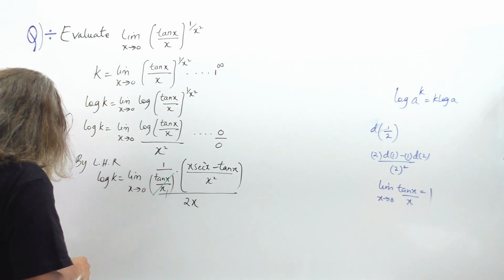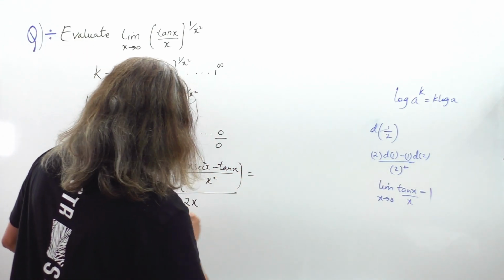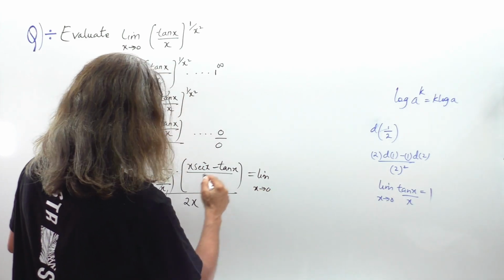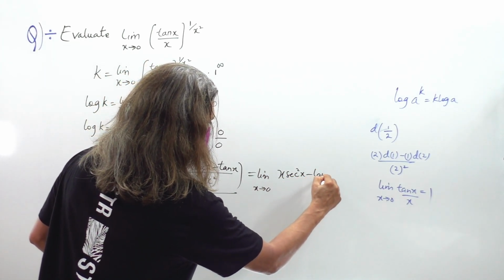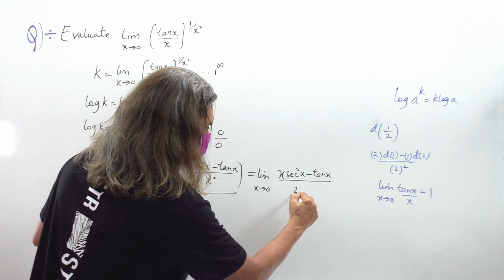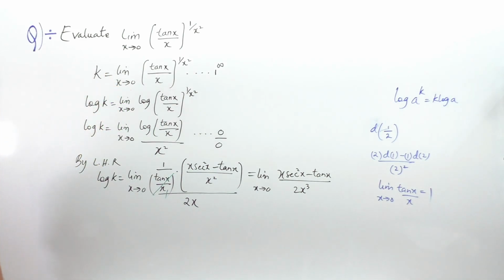Gone. So that part is gone here. Right. So you can rewrite this, let's simplify this: limit as x tending to 0, x secant square x minus tan x whole divided by 2x into x square, that is 2x cube. Fine. This is what I get.